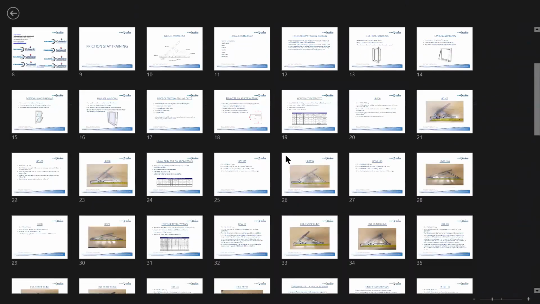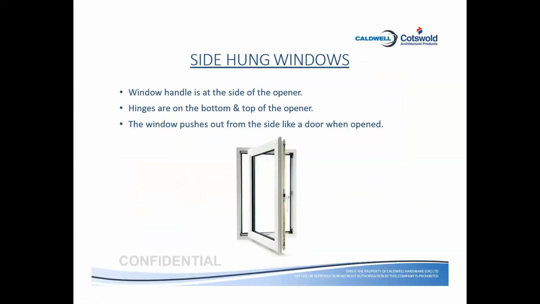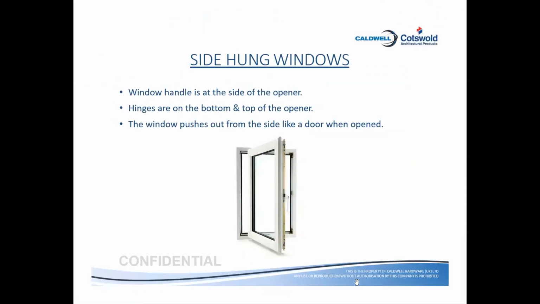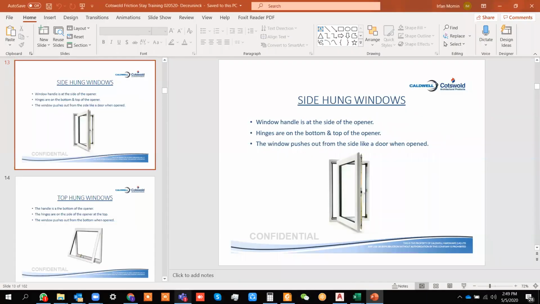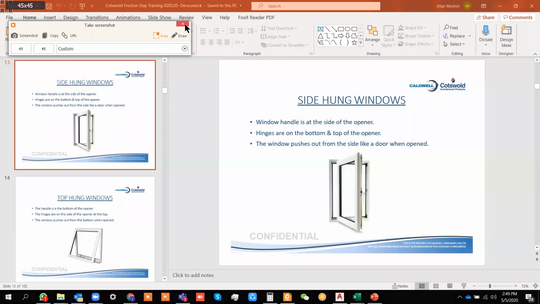I come to the earlier slides of our top hung, side hung. As you can see here, this is a side hung arm. An egress stay is always used in the side hung arm. I open the highlighter again.